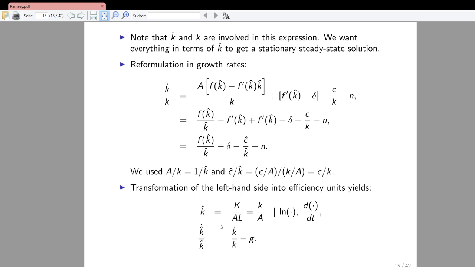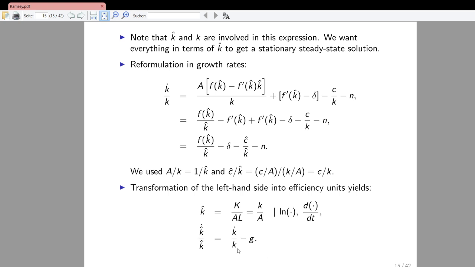And now we can plug into this expression the expression that we have above for capital per worker. So we plug this expression in here, and then we get an equation, as we will see on the next slide, where the variables in terms of units measured per worker do not show up anymore.